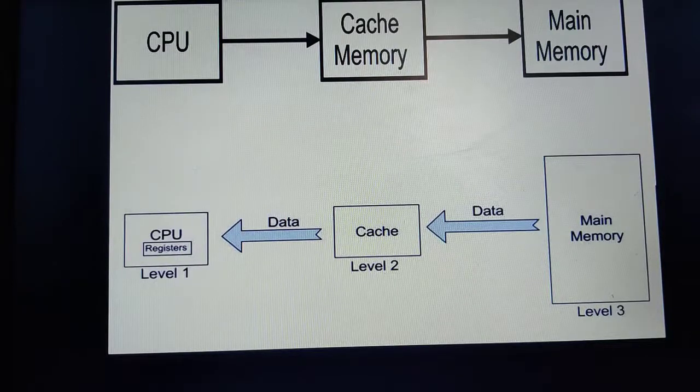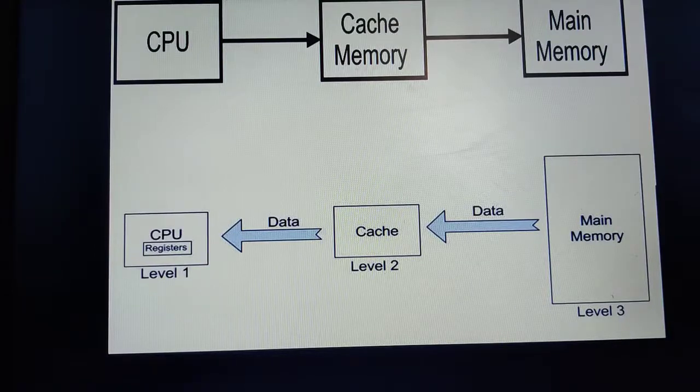Whenever the CPU requires data or instructions from the cache memory or from the main memory, the data and instructions provided from the main memory or the cache will first be received by the registers, okay, for the processing purpose.